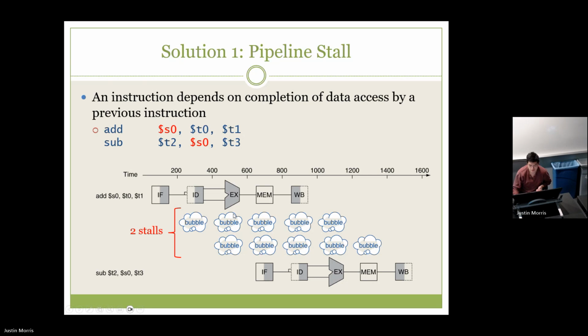So when that occurs, then our data path will signal to the pipeline, we need to stall. The sub is going to redo its decode stage. So when it comes to the next cycle, cycle 4, the sub is redoing decode. And then it again sees the add is not done yet.